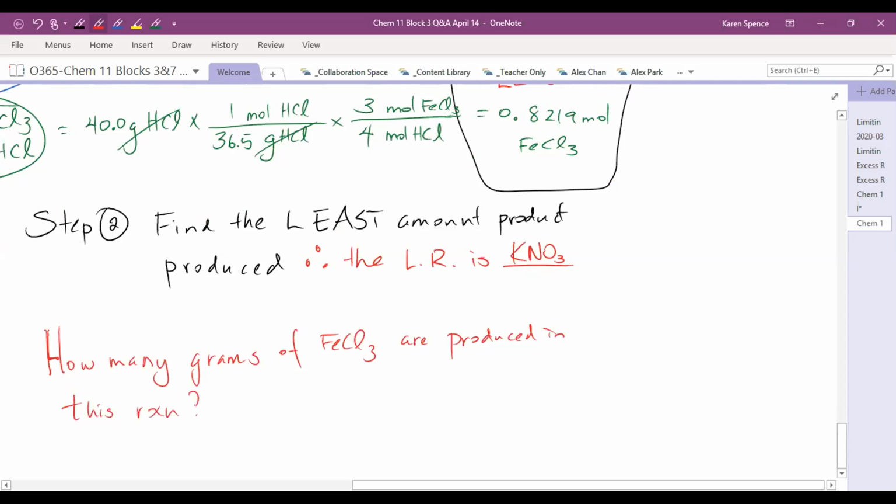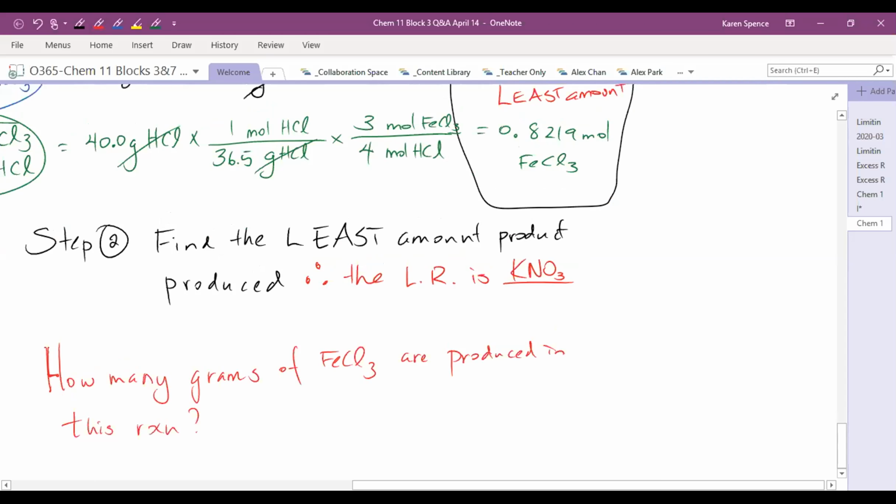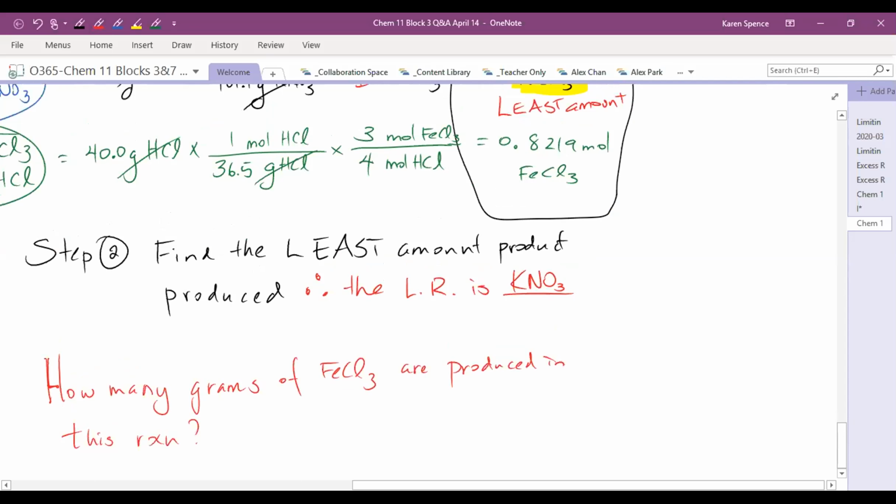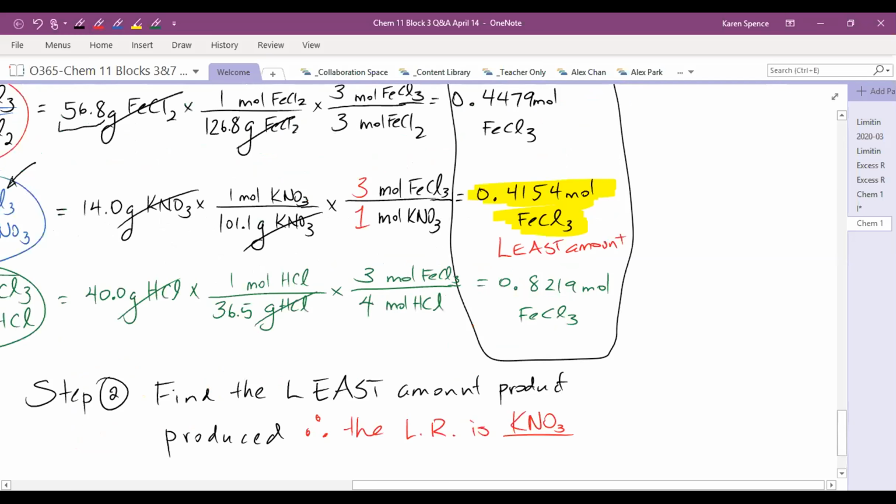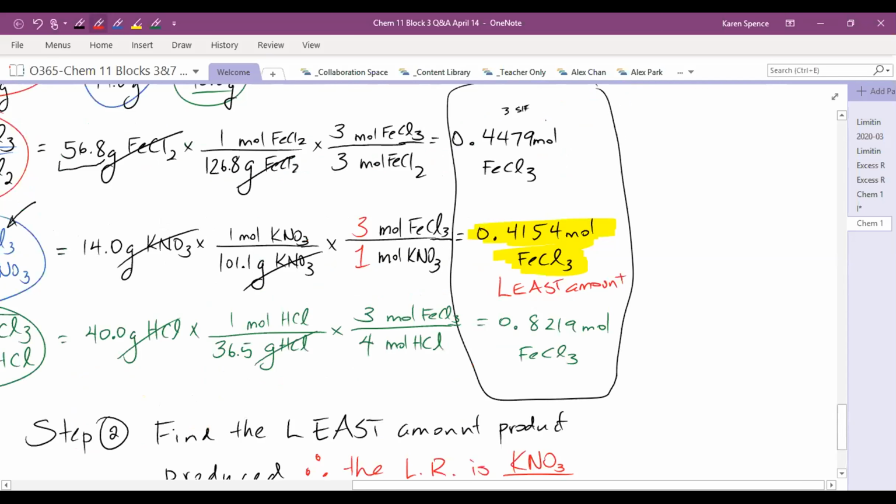If that's the case, how many grams of FeCl3 are produced? You go back and you say, I could not make 0.4479 grams because I would have run out of KNO3 before I made that much. I cannot make 0.8219 moles because I would have run out of the KNO3. I can only make 0.4154 moles.